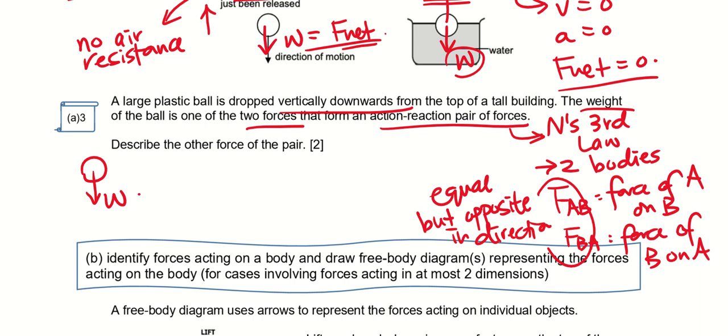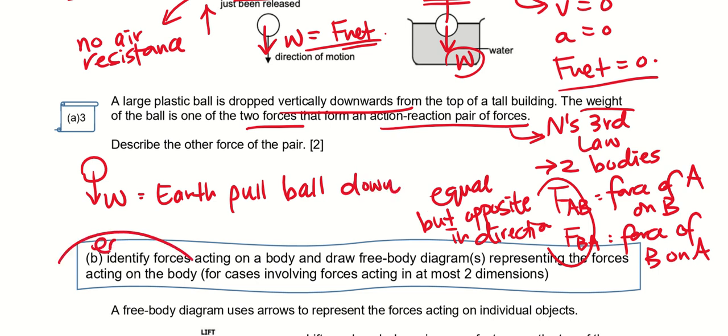It's actually from Earth pulling the ball down. So maybe I have Earth here. It is pulling the ball down. But now I must look for its action-reaction pair. I must look for its second body. That means I cannot be talking about the ball already. I must be talking about the other body, which is actually Earth, because the Earth is pulling the ball down. So the other pair will be the ball pulling Earth up.